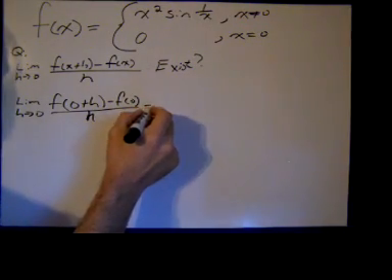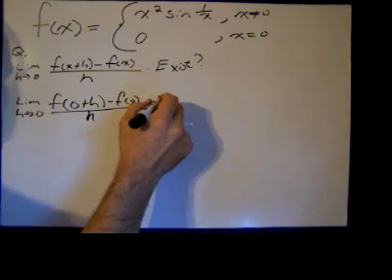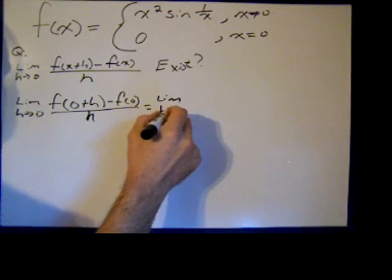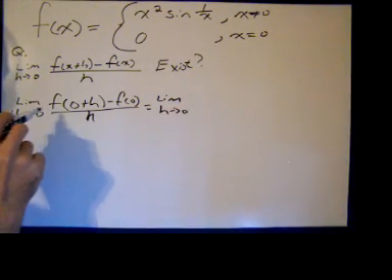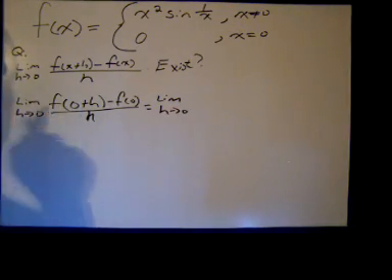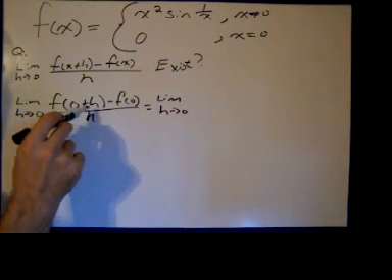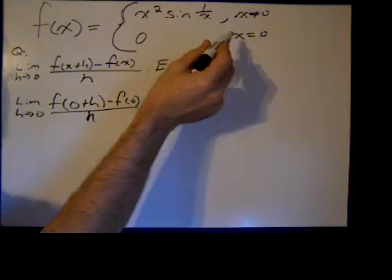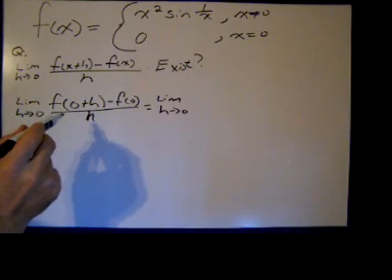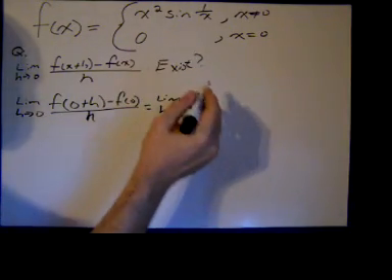So now we'll just insert our functions. We'll take the limit as h approaches 0. F of 0 plus h, well, 0 plus h is not at 0, so it's a little bit to the right or the left of 0, so we're going to use this function.